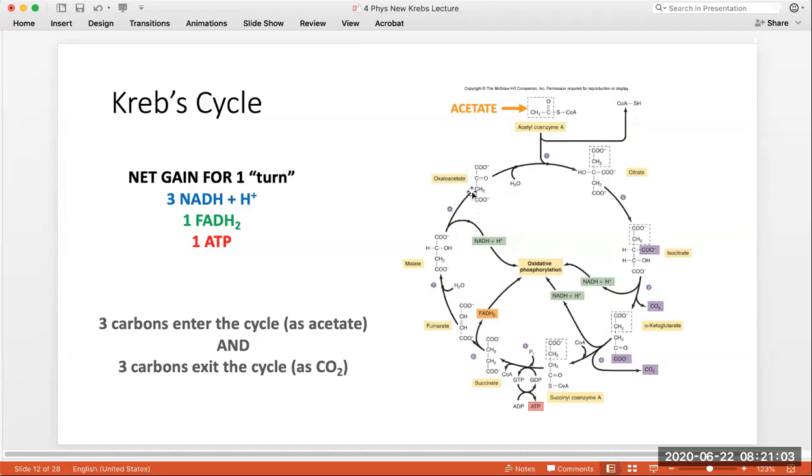So what you need to know from this is the sequence of steps. You need to know that acetate combines with oxaloacetate to make citrate. And the only way that acetate can be entered into this cycle is if it is facilitated and transported by coenzyme A. Once the acetate enters the cycle, the coenzyme is released and can be used to facilitate this reaction again.